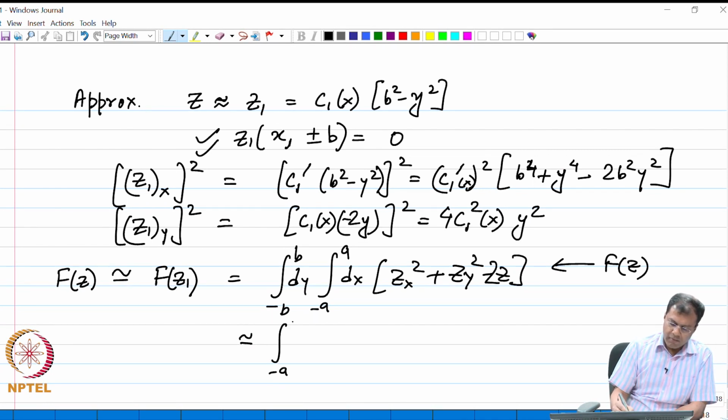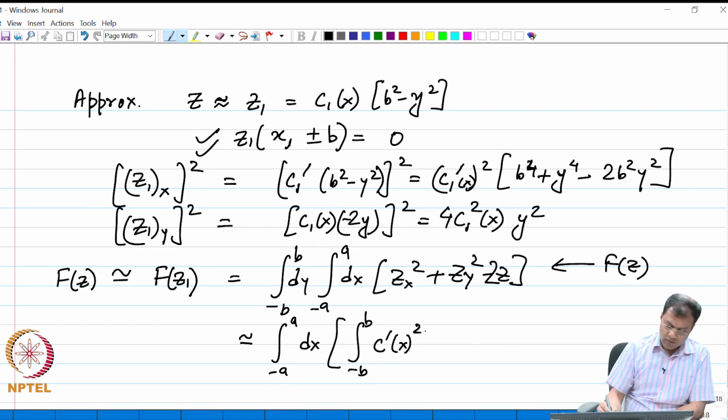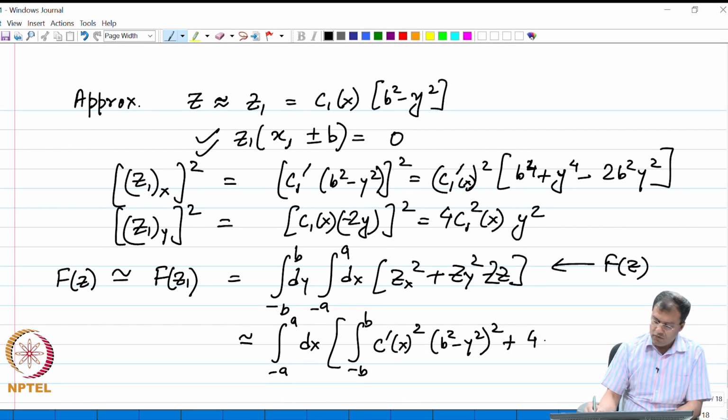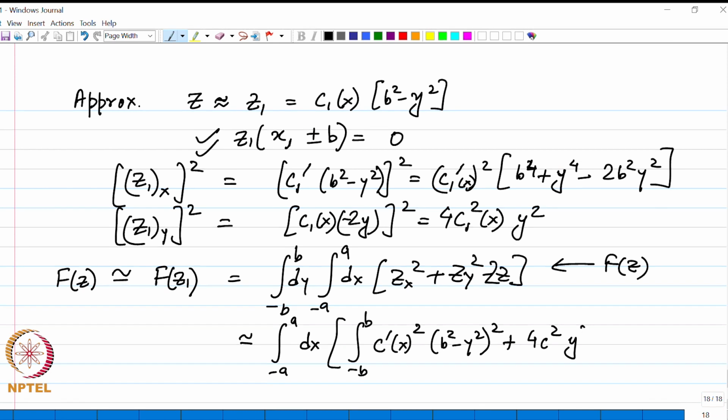I get the integral from minus a to a dx of, I have now pulled the y integral inside because that can be integrated immediately, and the inner integral is from minus b to b of c prime of x square times b square minus y square whole square plus 4 c square y square minus 2 c times b square minus y square.